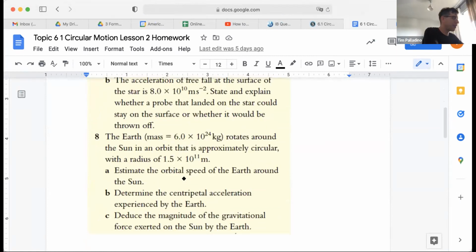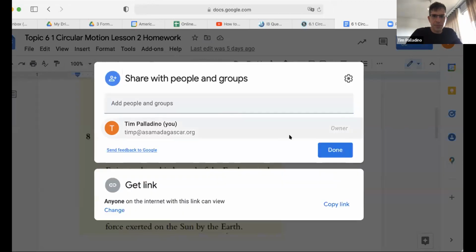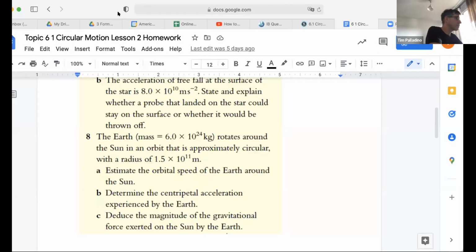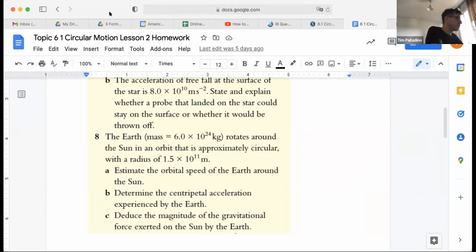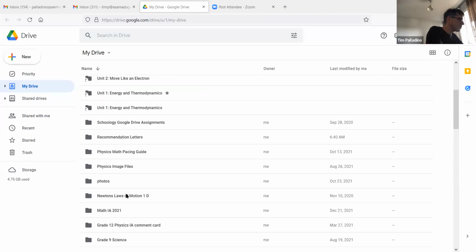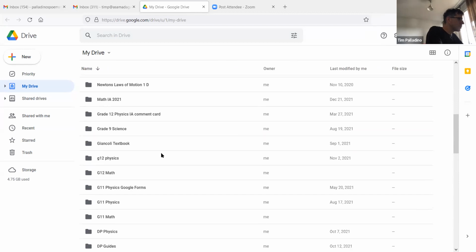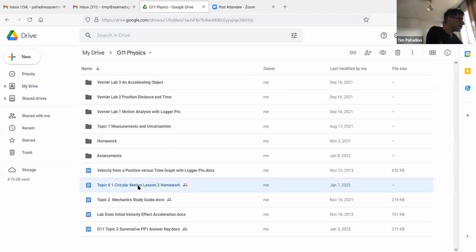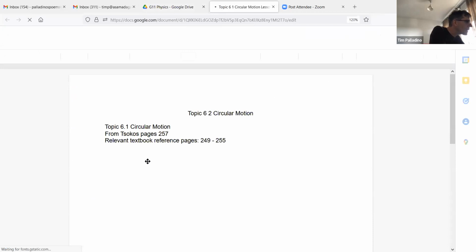I'm going to transfer it over to my other screen, and it'll be easier to do it that way. Okay, so number 8, you said?